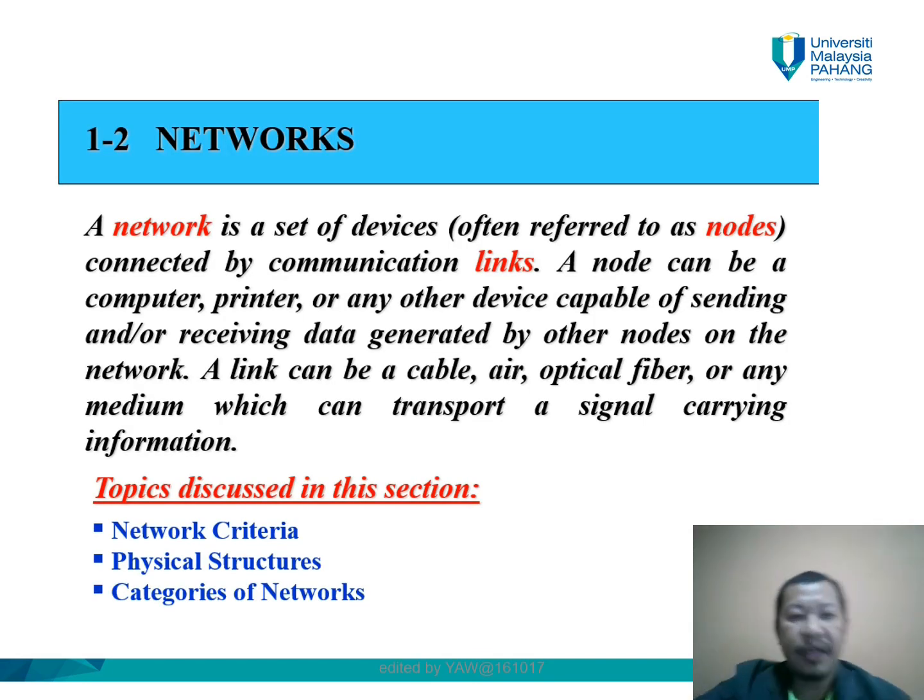Networks. The second topic is networks. A network is a set of devices, often referred to as nodes, connected by communication links. A node can be a computer, printer, or any other device capable of sending and/or receiving data generated by other nodes on the network.